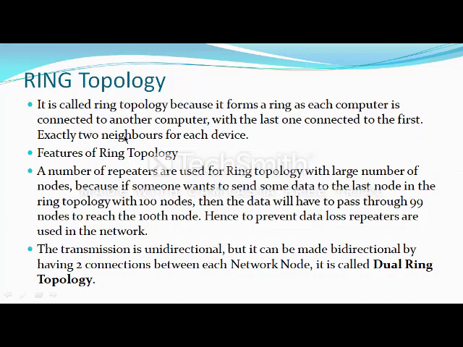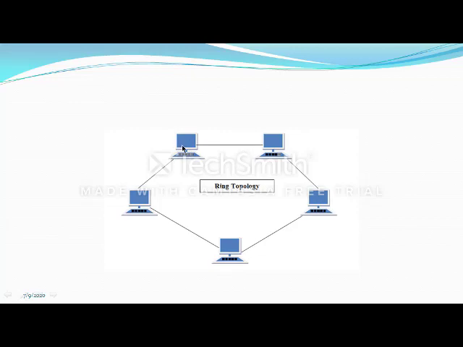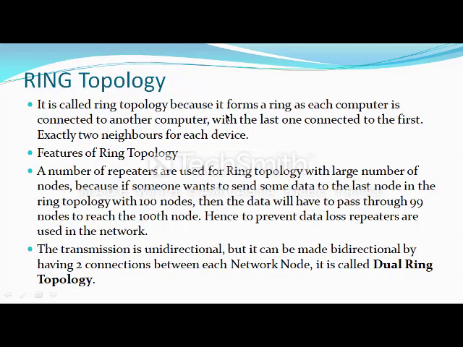Exactly 2 neighbors for each. See here, for this, these two are the neighbors. For this, these two are the neighbors. That means they are all connected in a ring.